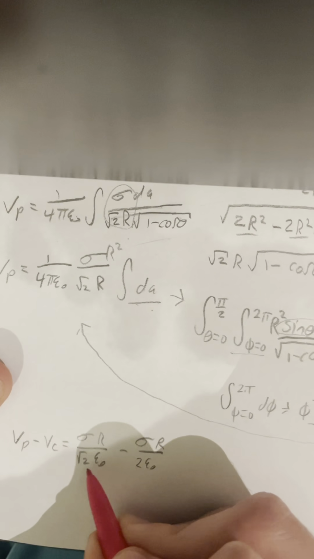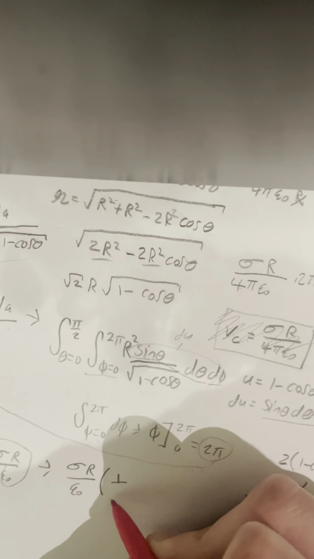Now that I've remedied that issue, going back to our final solution, you can see that these 3 terms are equivalent, so we're able to factor that out. So we should get sigma r over epsilon naught, and we have square root of 2 minus 1 over 2.